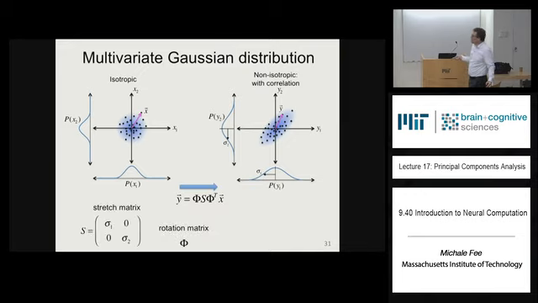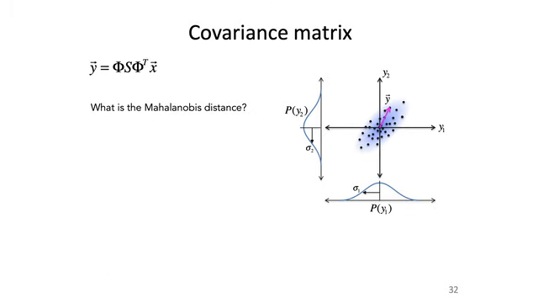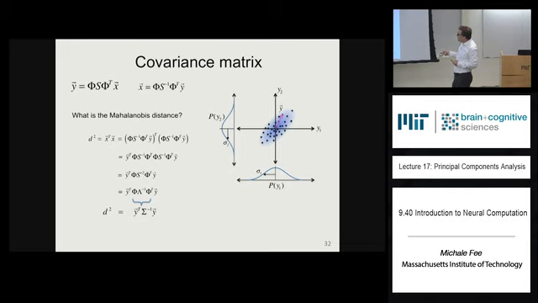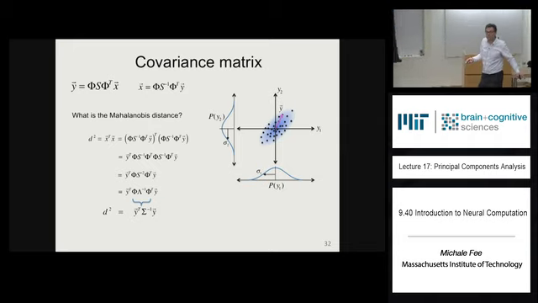We're going to substitute this in, calculate the Mahalanobis distance, which is now x transpose x, substitute this, and solve for the Mahalanobis distance. And what you find is that distance squared is just y transpose phi lambda inverse phi transpose times y, and we just write that as y transpose sigma inverse y. Okay?